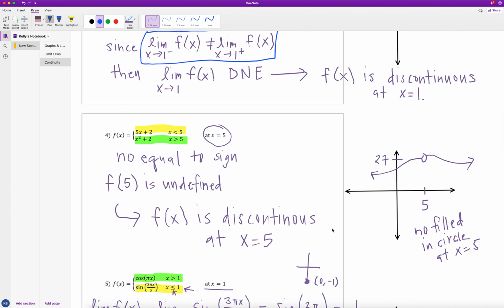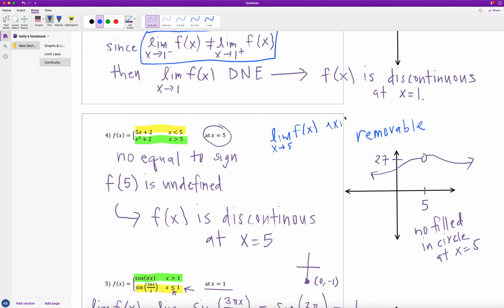Example 4 was also a place where we have a discontinuity, and this is a removable discontinuity. And the reasoning behind this one, although I don't already have it pre-written out exactly, would be that the limit as x approaches 5 of f of x exists.